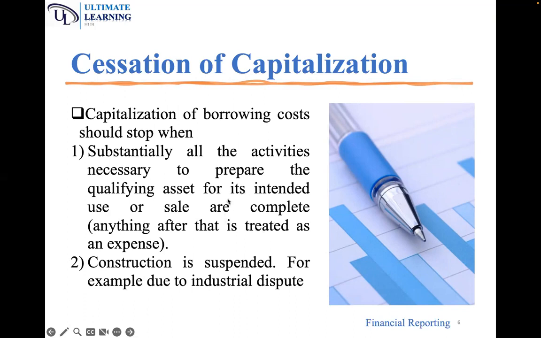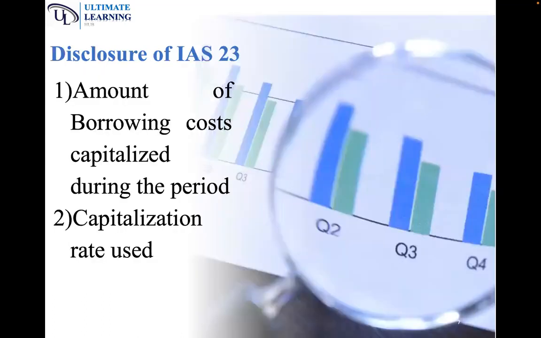So maybe if you are to construct for a period of 1 year, and out of the 1 year the construction was suspended for 2 months, during these 2 months you should not capitalize the borrowing costs. This is normally a common question in exams. You can be asked, when does capitalization start? There are 3 conditions. When does capitalization stop? Under 2 conditions.